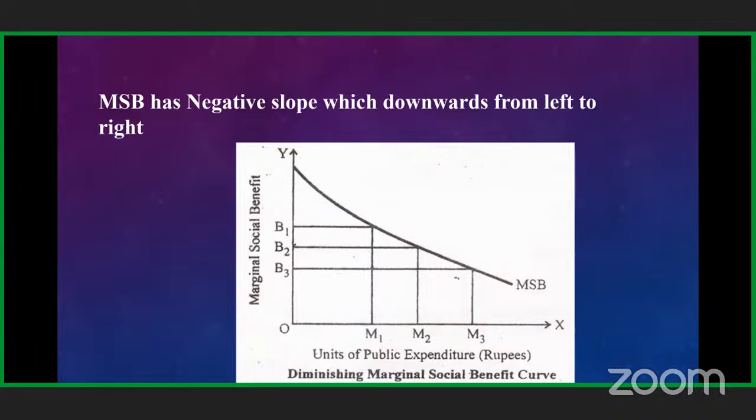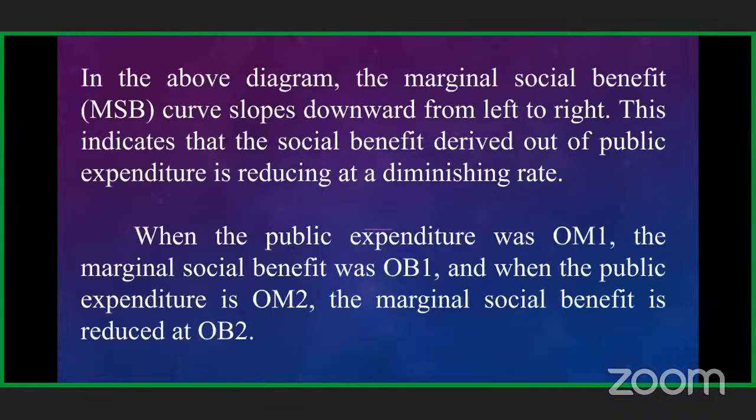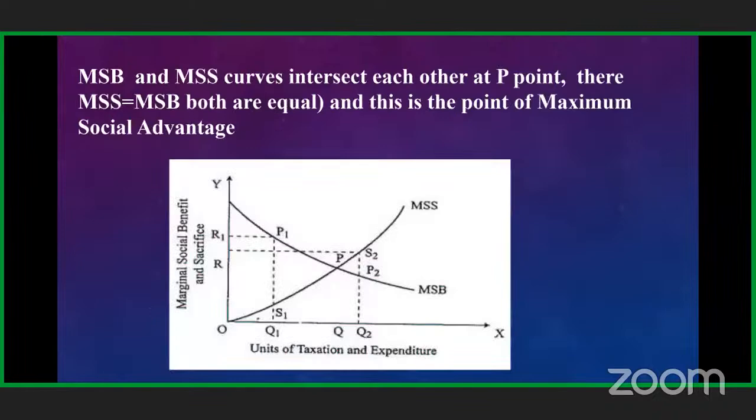So there is an inverse or negative relationship between these two factors. When these two curves intersect each other, like in the diagram, the marginal social sacrifice curve MSS intersects with the marginal social benefit curve MSB. At this point P, the social advantage, social utility or marginal utility is maximum in the society.